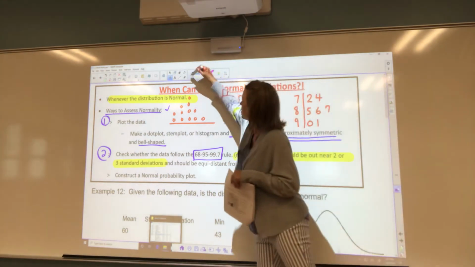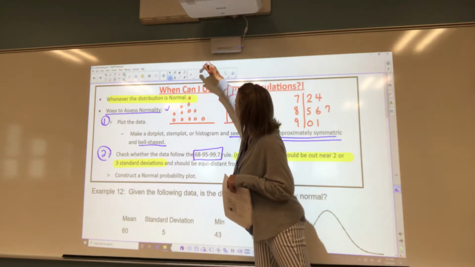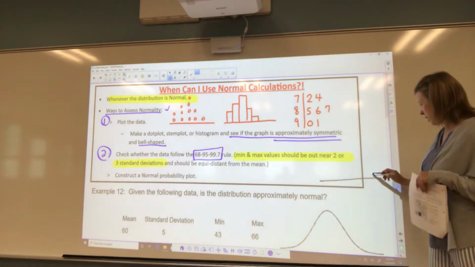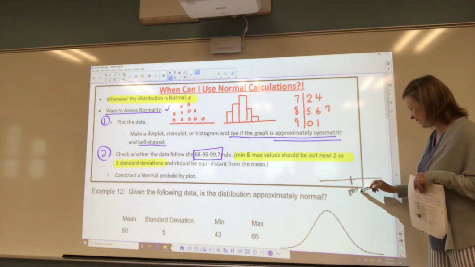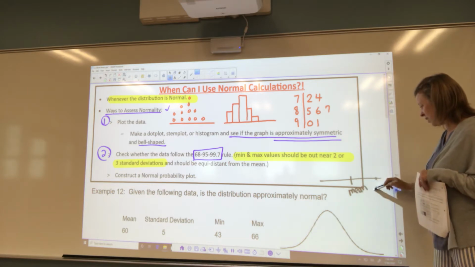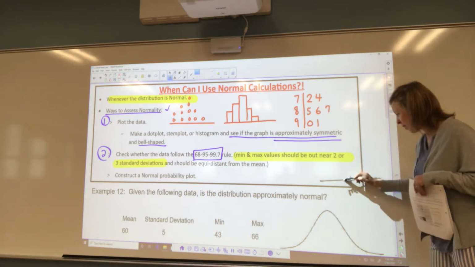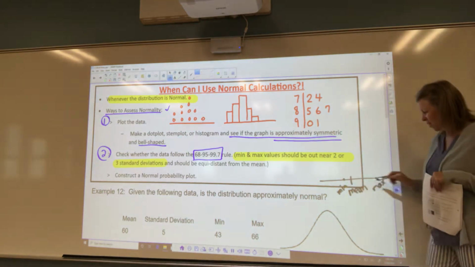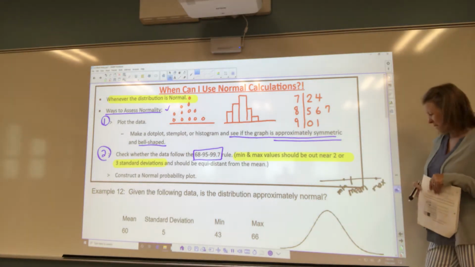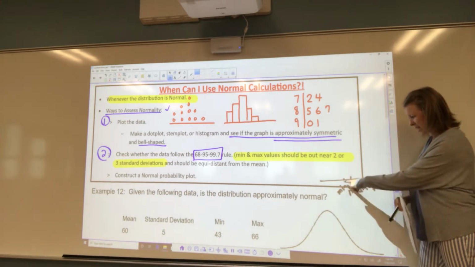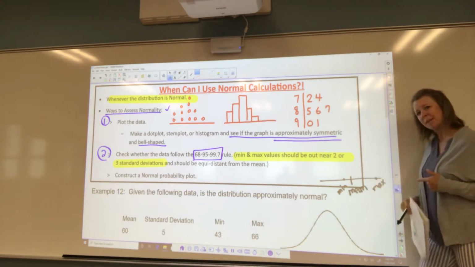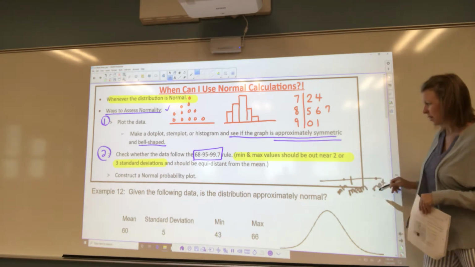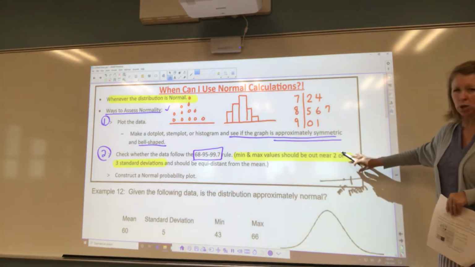So in other words, it would not make sense if you had a graph and you said, here's where the mean is, and over here is my max, but then right here is the min, okay? See why that doesn't really make sense? Because if the max is here and the min is here, I would expect the mean to be more in the middle. So that doesn't make a lot of sense if it's actually normal, okay?